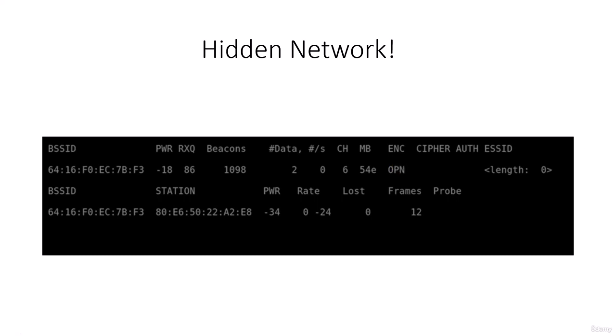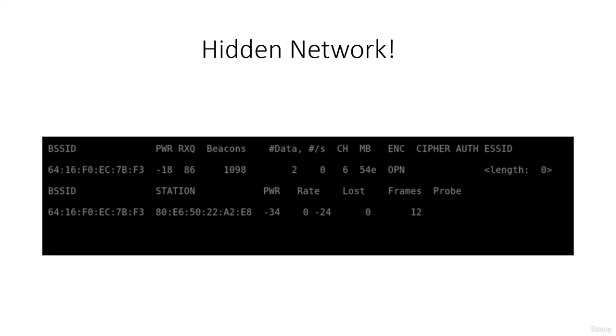But we can see there is a client connected to the network right here, because as we said in the second lecture, Aerodump-ng shows us the connected devices. So there is a device connected to this network, and the device has a MAC address.